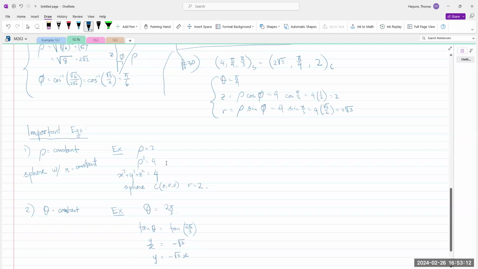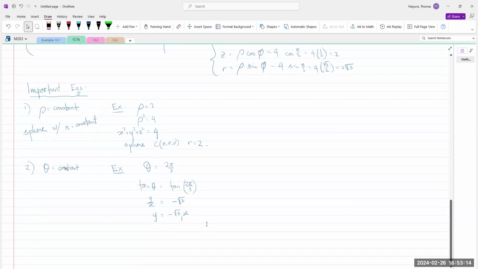But remember, this is in 3 dimensions, right? So in 2 dimensions, it is actually a line through the origin. It looks like this, right? But in 3 dimensions, it becomes a plane. Okay, let me try to graph that.